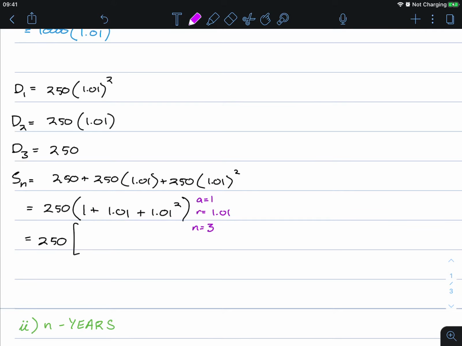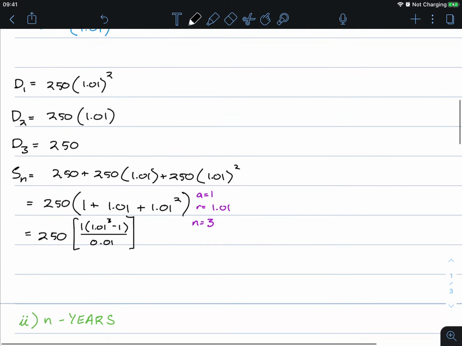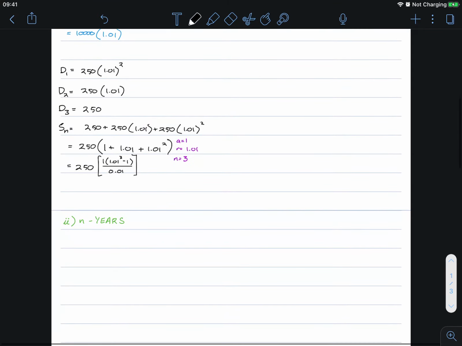So N is 3. 1 outside of 1.01 to the power of 3 minus 1, all over R minus 1, in which case it's going to be 1.01 minus 1, and that there is the value we need to substitute.